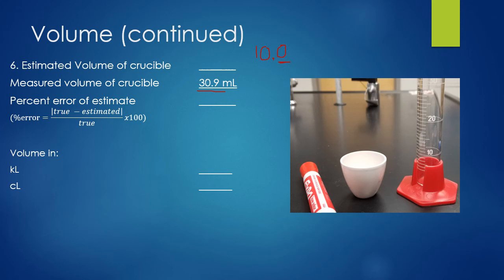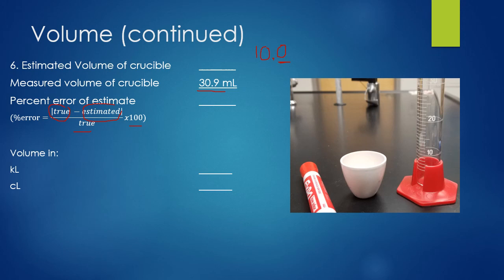When we calculate percent error, I have the equation written here. We did this in the pre-lab. You take your true value, subtract it from your estimated, divide it by the true, and then to get it in a percent, you multiply it by 100. The difficult part is figuring out which of these two values is the true and which is the estimated.